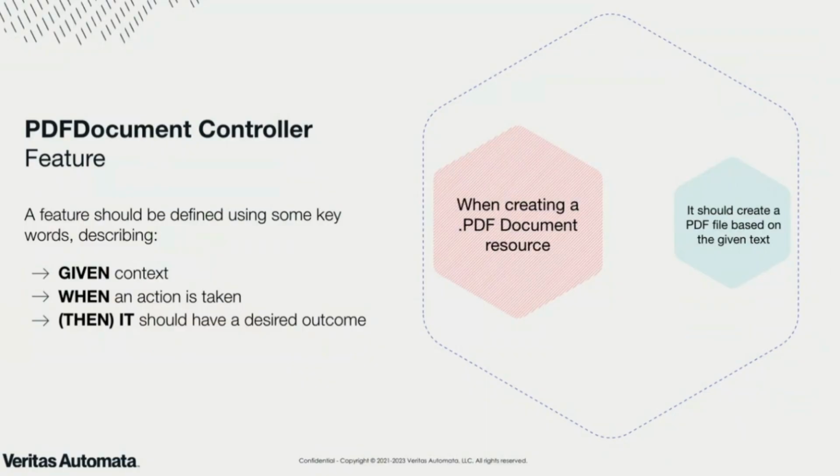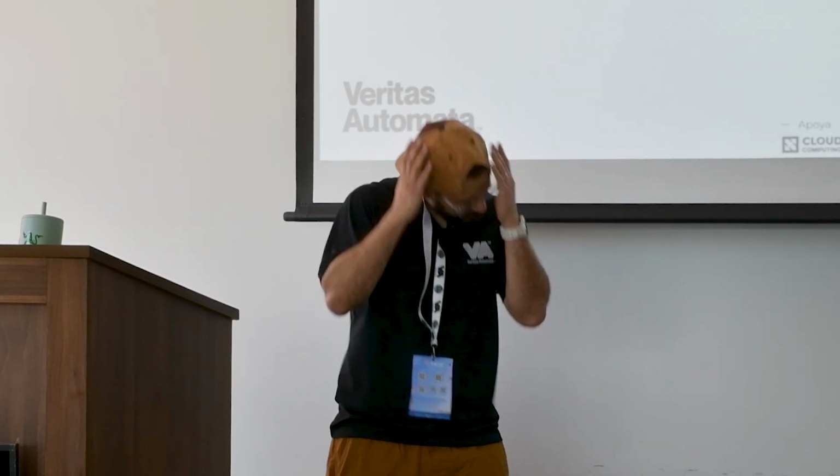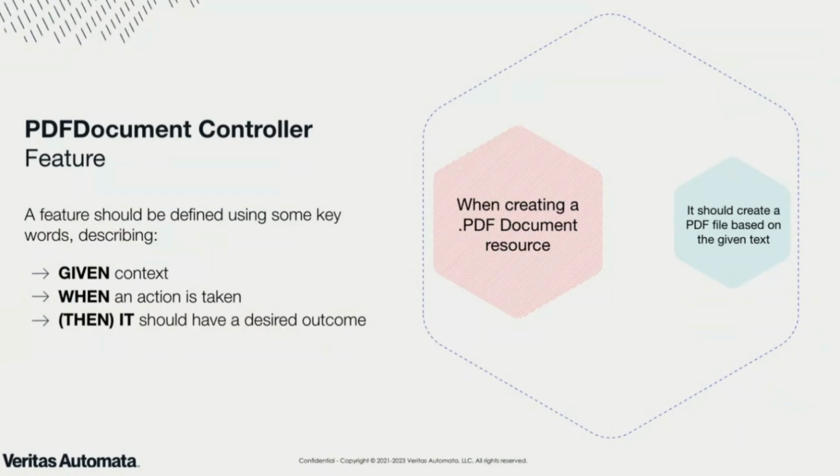This is a very basic scenario where people are going to be creating the PDF document resource within Kubernetes. Then it should create a PDF file based on the given text. There are some keywords here that we're using, and what I want you to take from this is that the text we're seeing here on the right really represents a lot of what test-driven development is about.